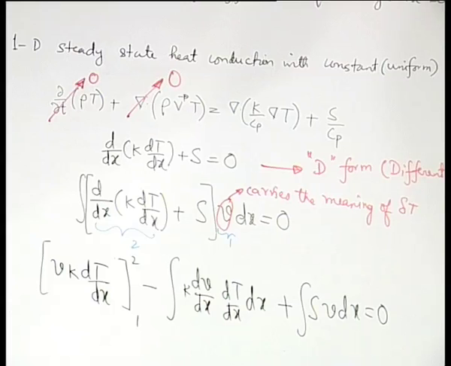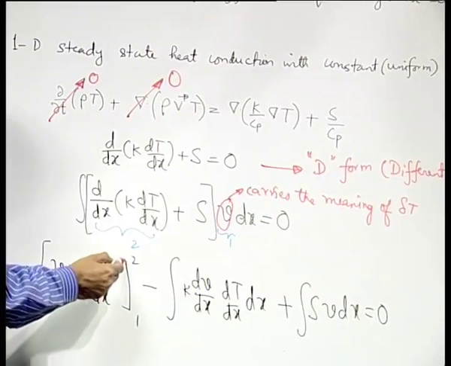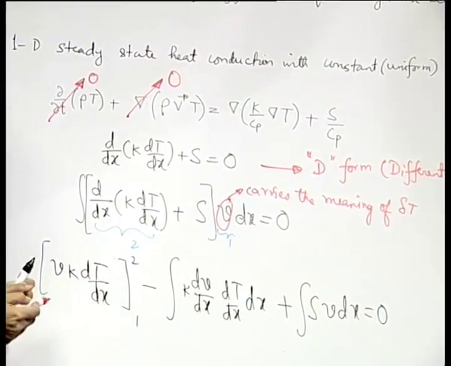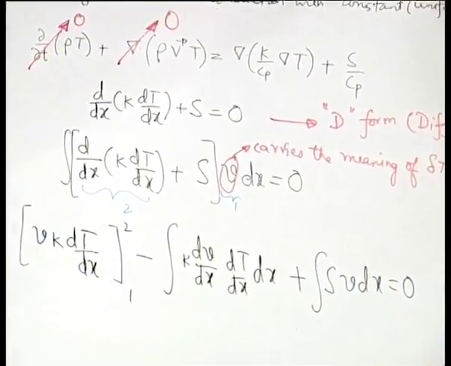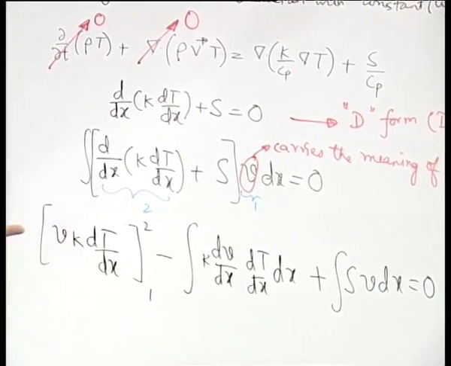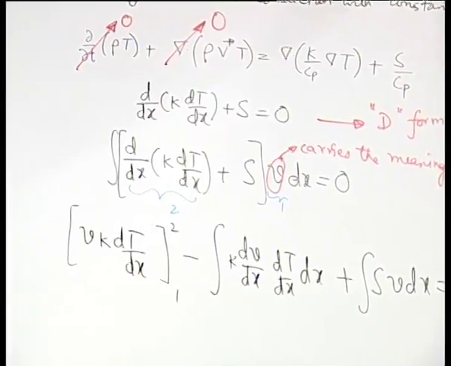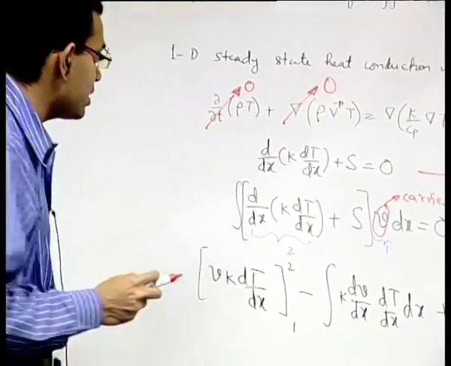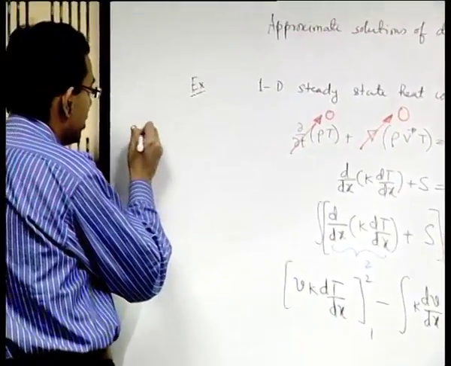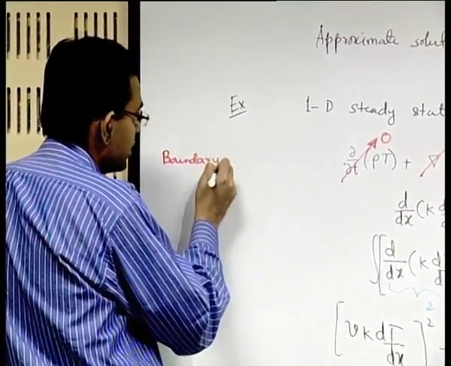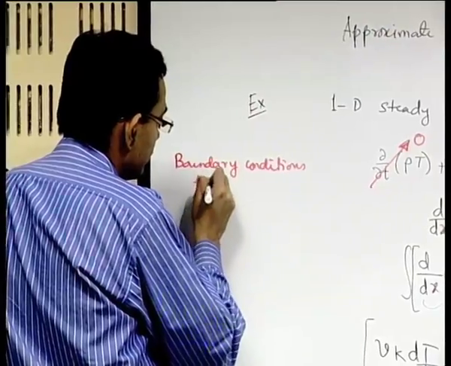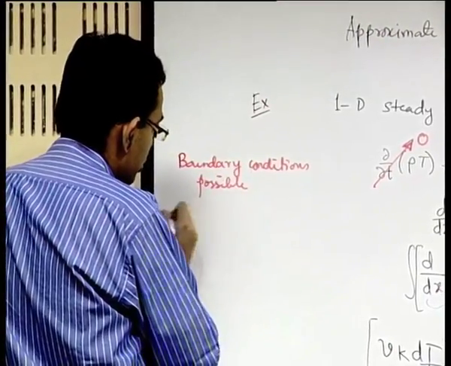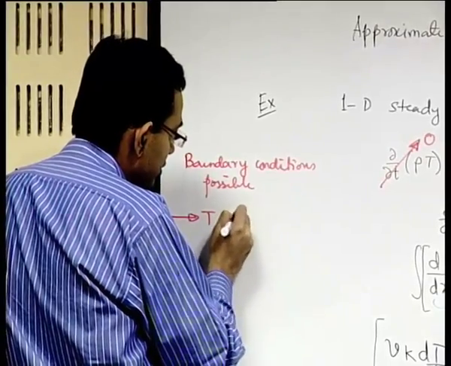Now we can see that at the boundary, if you want these terms to be specified, how can you specify that? One is you could specify T, that is the temperature is specified at the boundary. So let us note the boundary conditions possible. You could have T specified.